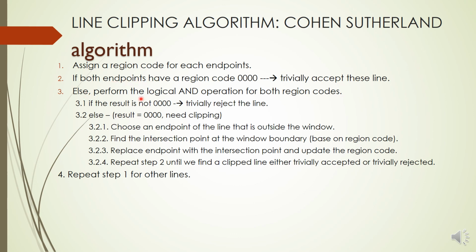If not, we need to perform the logical AND operation for both region codes. If the result of this logical AND operation is not 0000, we can just reject the line directly because it shows that it is outside the clipping window.